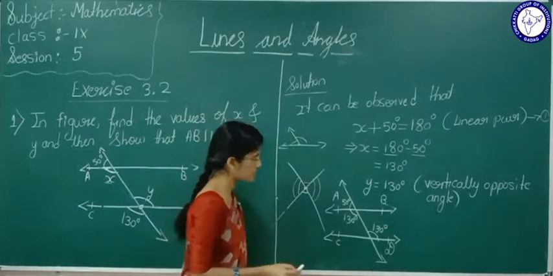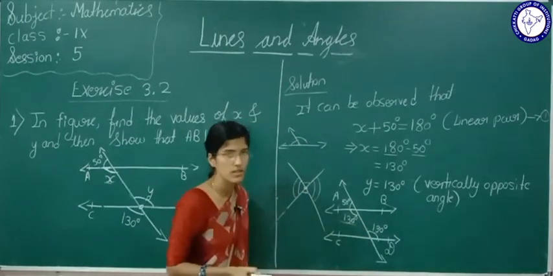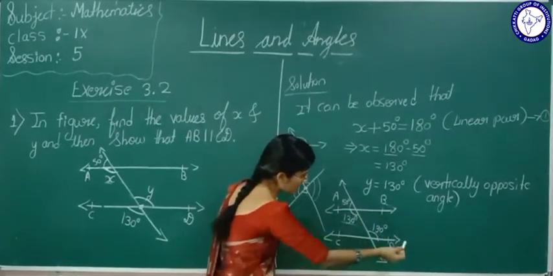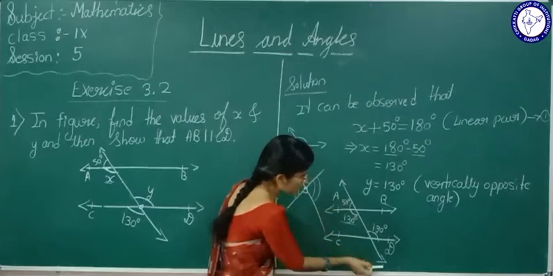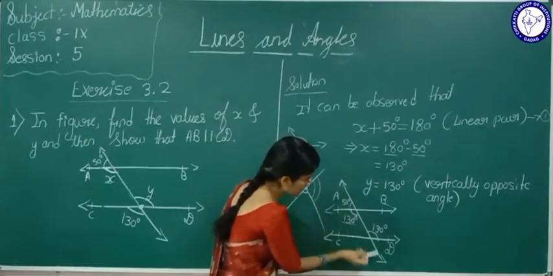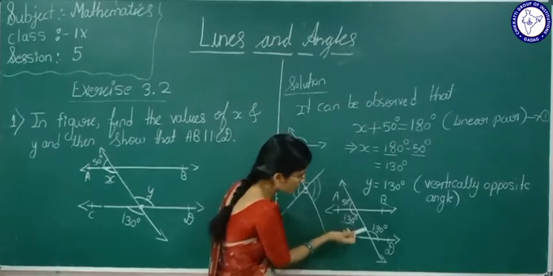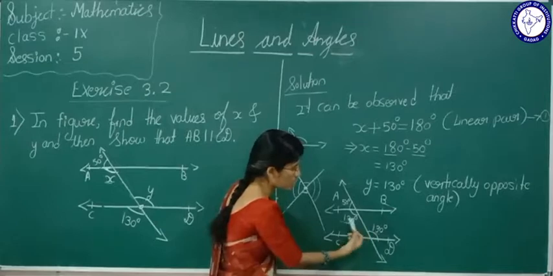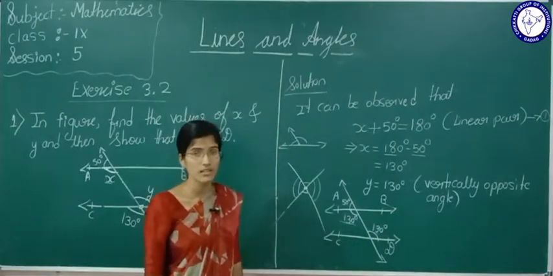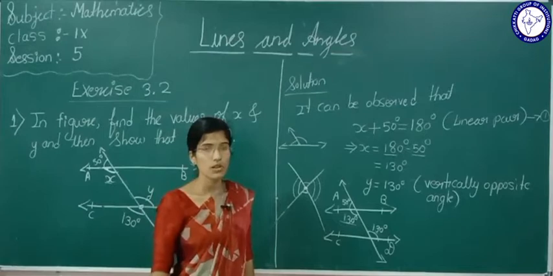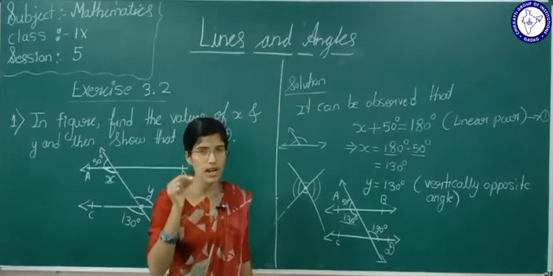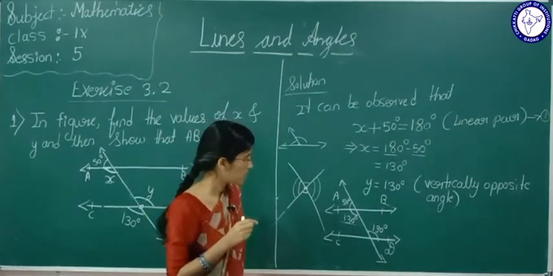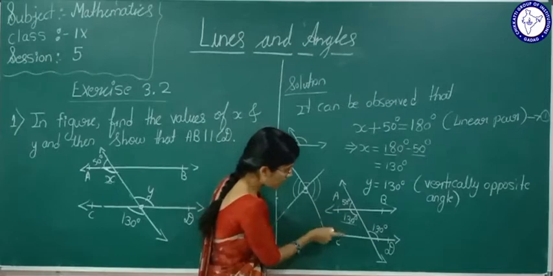Now see here, students, these two angles are equal: 130 degrees, 130 degrees. Here two lines are there, and one line is intersecting them at two different points. Here these two angles are which angles? Alternate interior angles.